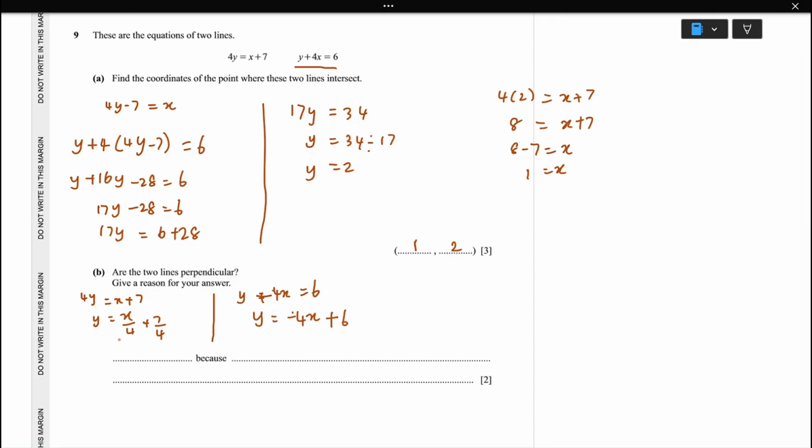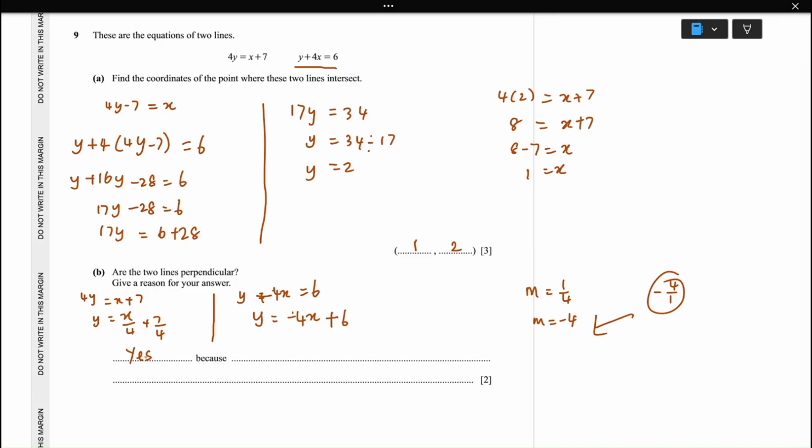So here, what is the gradient of the first one? The gradient of the first equation is going to be 1/4. The gradient of the second equation is going to be -4. So if it's perpendicular, it should be the negative reciprocal. So when I take the reciprocal of 1/4 it's going to be 4/1 and negative. So obviously this is going to be -4. That's correct. Both are perpendicular.